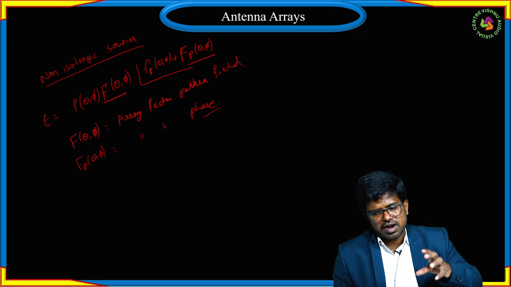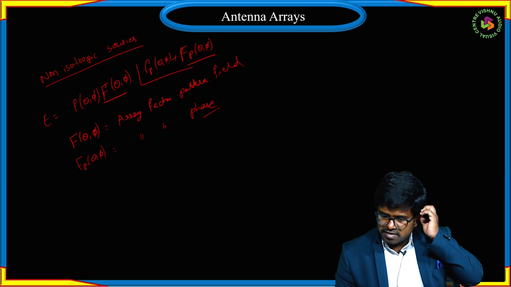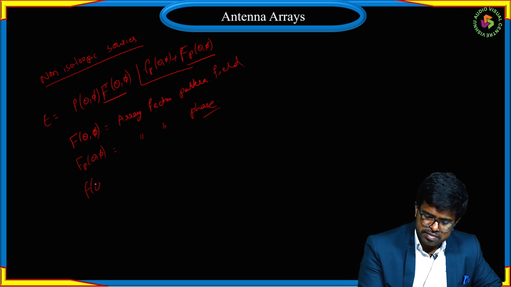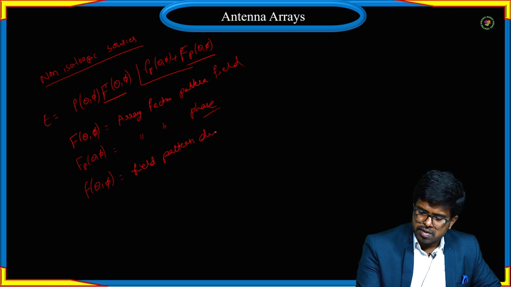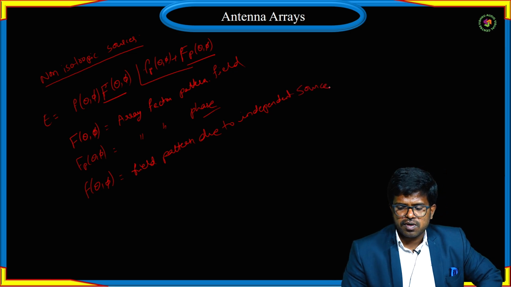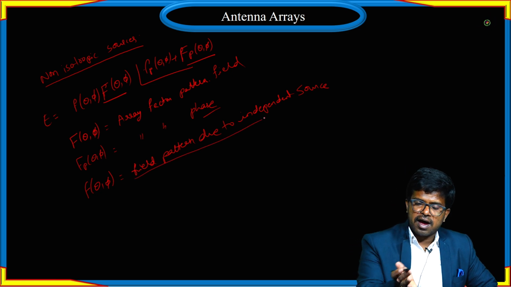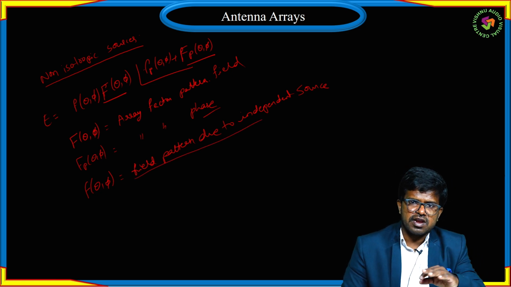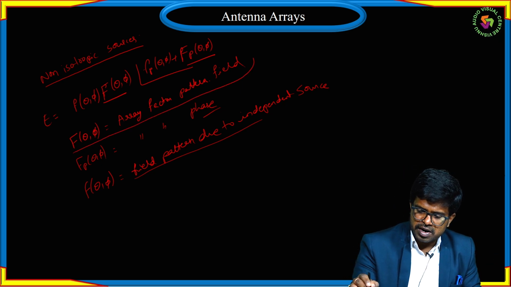So the array factor will have some field component that we have discussed in the last three cases, and this f theta comma phi is the field pattern due to an independent source. If the antennas having field pattern f of theta comma phi are arranged in any one of the cases we discussed previously, then this is the array field pattern due to that case.